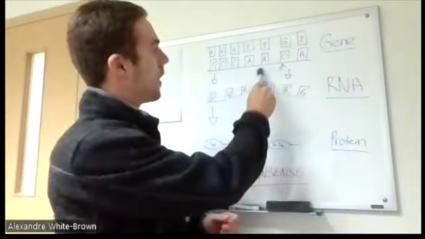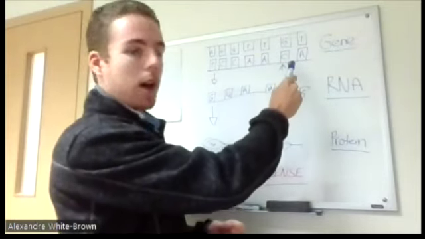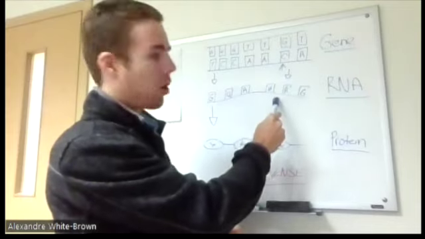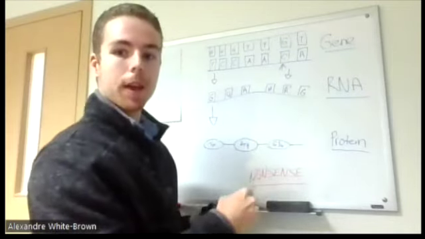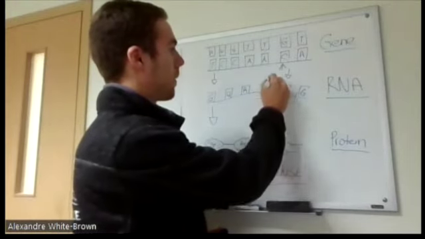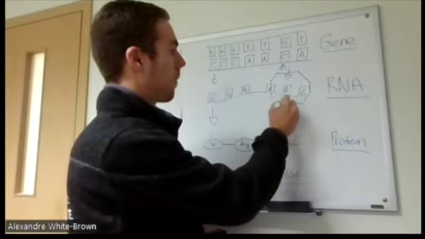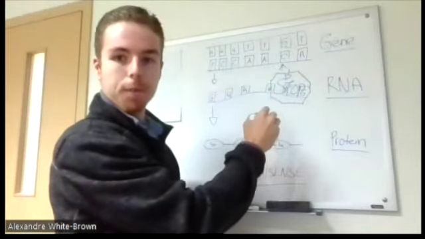So if we have a change in the letters up in the gene, a change in this code that accidentally codes for the UAG codon early, this is basically creating a big stop sign here. So this is stopping early.